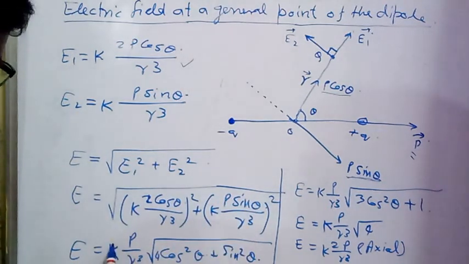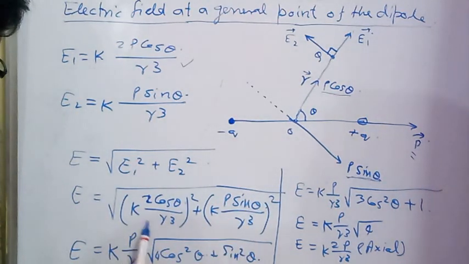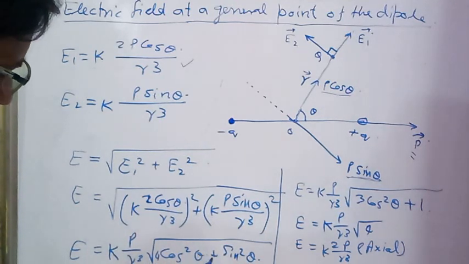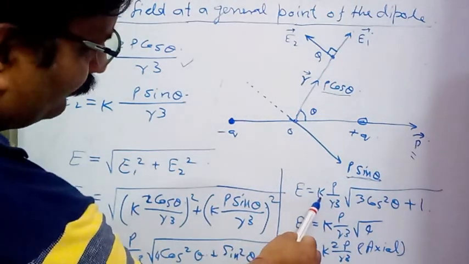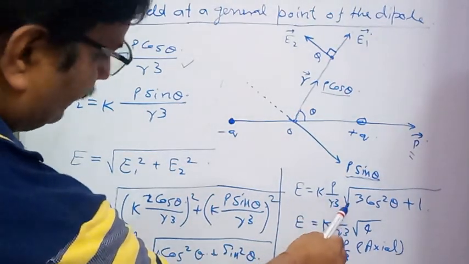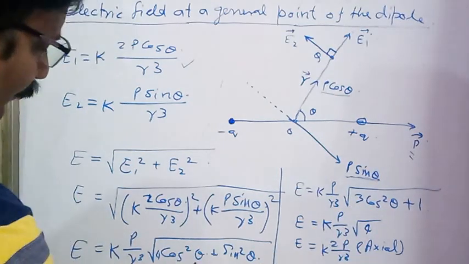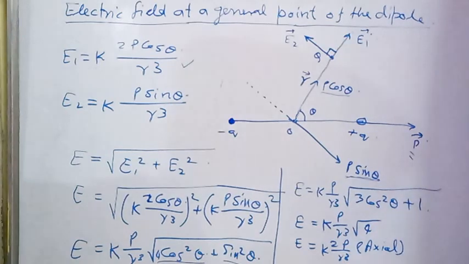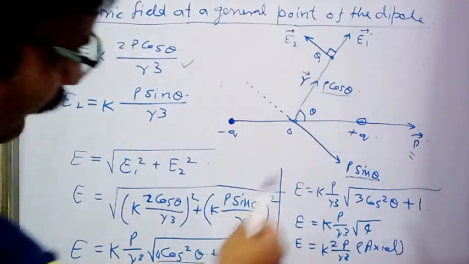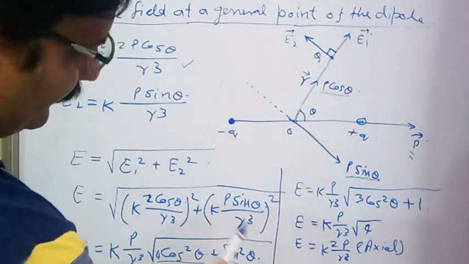So we can take KP divided by r cubed common, and inside the square root remains 4 cos squared theta plus sin squared theta. So E is equal to KP by r cubed times the square root of 4 cos squared theta plus sin squared theta. We can divide 4 cos squared theta into two parts: 3 cos squared theta plus cos squared theta plus sin squared theta.